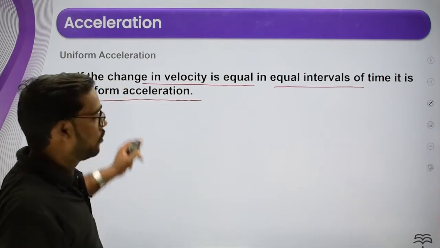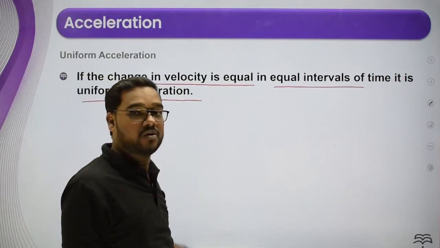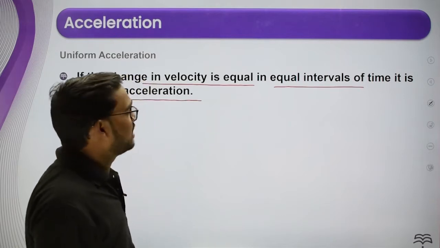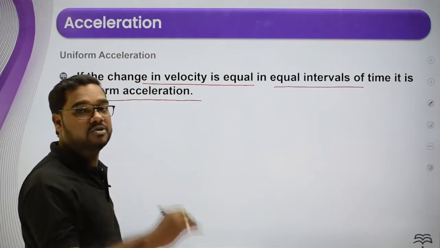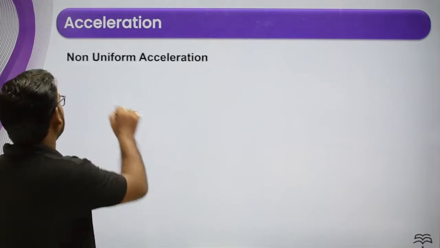How can you define uniform? If the change in velocity is equal in equal time intervals, as I have already discussed in the previous slide, then you can say that such type of acceleration is uniform acceleration, same like uniform velocity. If the change in velocity is equal in equal time intervals, you can say that the acceleration is uniform.